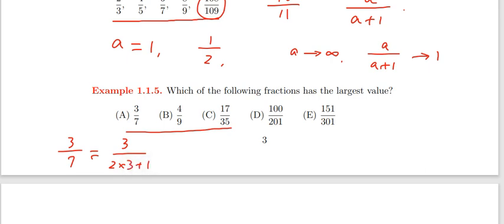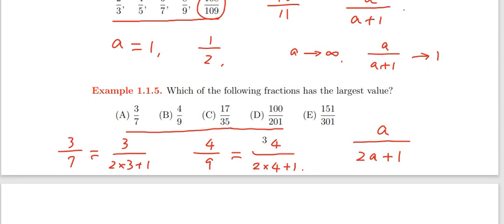And 4/9 is also the same: if we fix the numerator 4, then the denominator 9 is 2 times 4 plus 1. So if the numerator is a, then the denominator is 2a plus 1. So all those 4 numbers have this form, a/(2a plus 1).